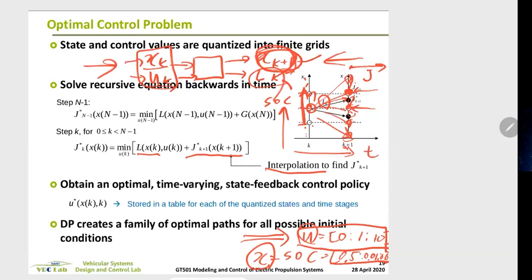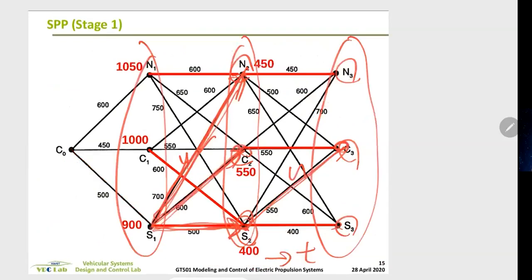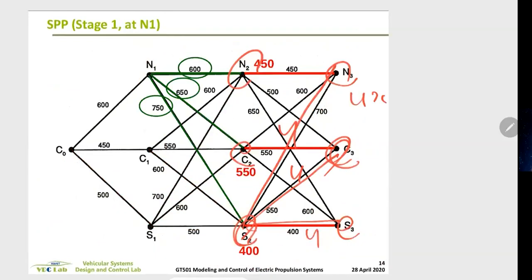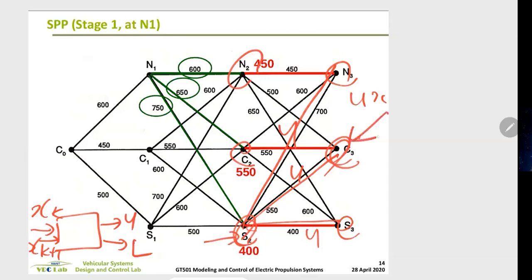But what we need here is xk plus 1, and then U and L. Do you guys understand? 왜냐면 이거하고 이거를 픽스를 해놓고 U를 찾고 있잖아요.